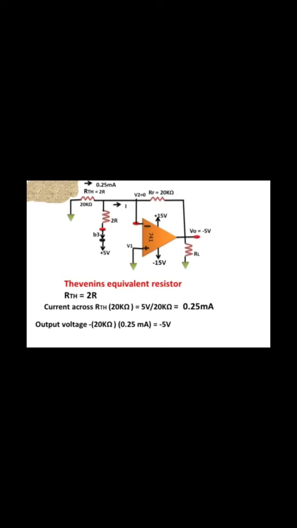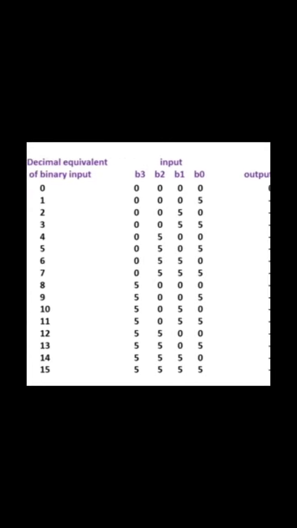Using the same analysis, the output voltage corresponding to all the possible combinations of the binary inputs can be calculated, as you can see here. All 16 combinations are present here.